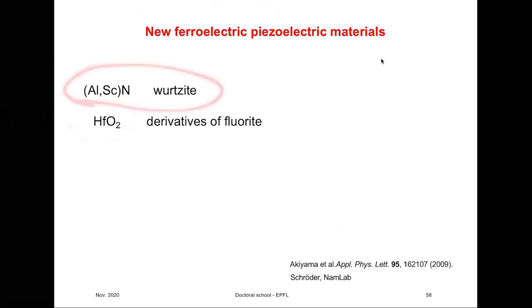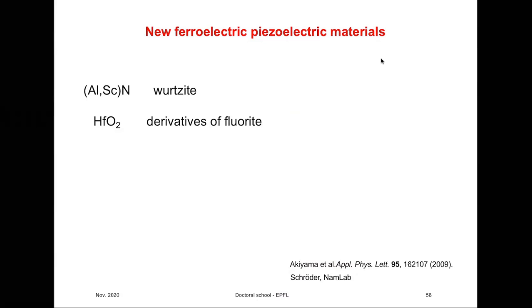AlN as a piezoelectric material has been used for many, many years. It's very stable. It has a very stable piezoelectric coefficient up to very high frequencies, and even though its piezoelectric coefficient is two orders of magnitude smaller than that in PZT, it's very interesting for filters and some other applications at high frequencies in the gigahertz range for communications.